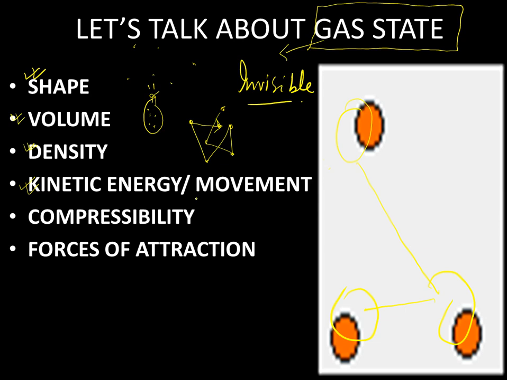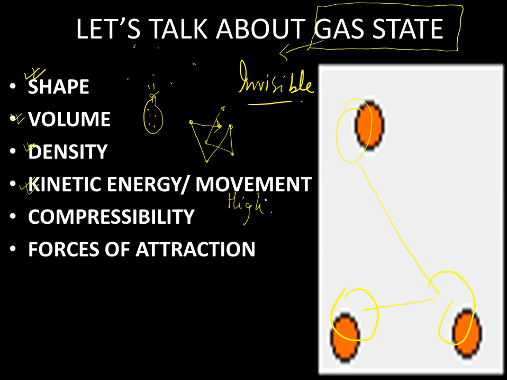So these particles are very far apart and they are moving just here and there, and the energy is very high because they are free to move. So the kinetic energy, or the energy of the particles, is very high, and due to this high kinetic energy, the movement is just free.